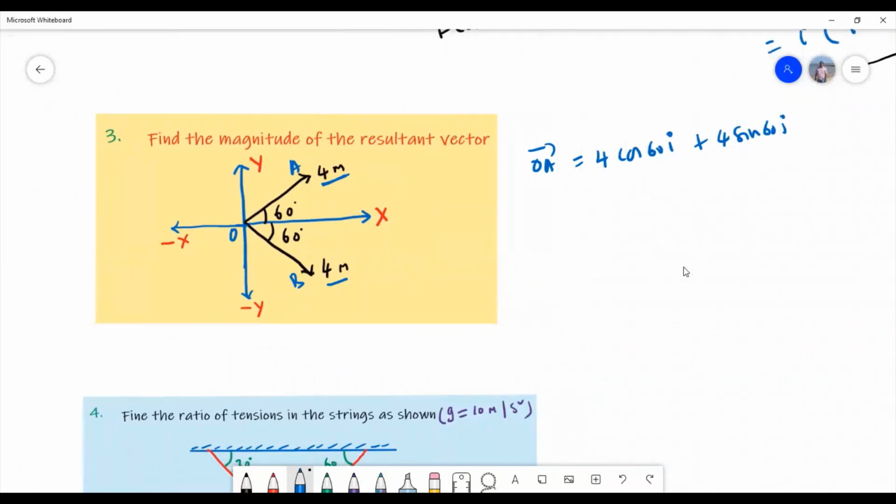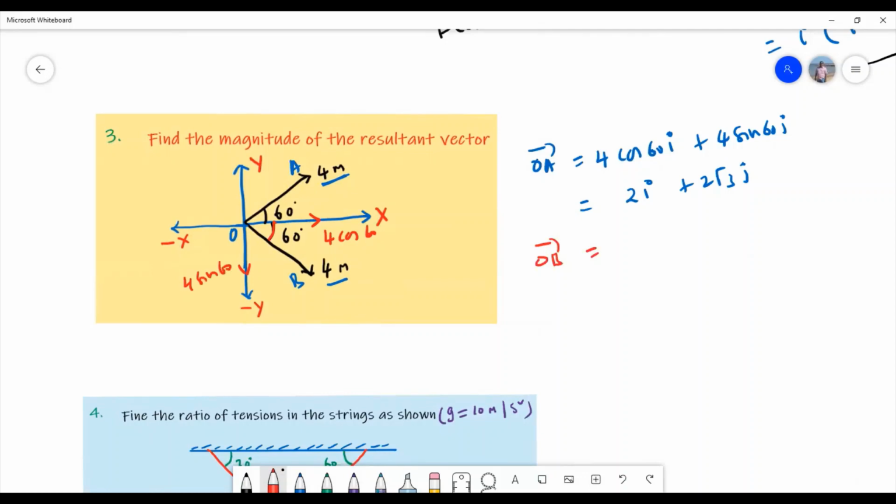Because this is I cap and J cap, cos 60 is 1 by 2, so this is 2 I cap. Sin 60 is root 3 by 2, so 2 root 3 J cap. Similarly, let us write OB bar. The horizontal component will be along this, and this is the vertical component: 4 cos 60 and 4 sin 60.